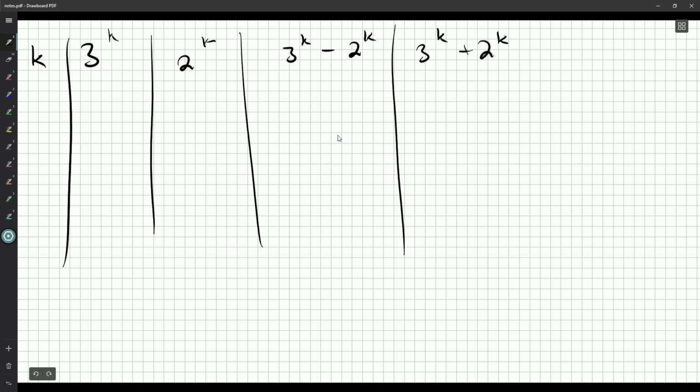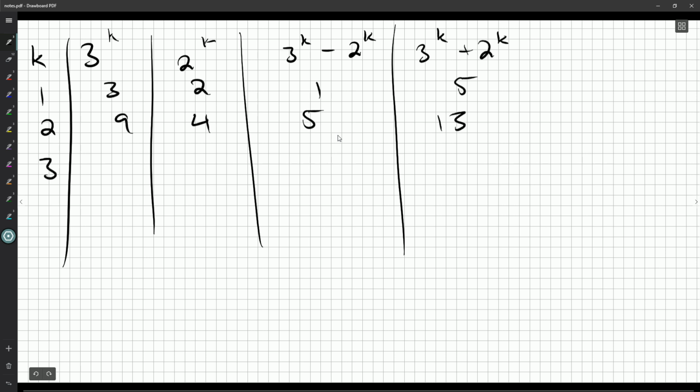That's possible. With 1, I'll get 3, 2, difference is 1, that was not helpful, and 5, but that's okay. So 9, 4, difference is 5, sum is 13. 27, 8, so difference is 19, sum is 35, so we're not really getting close to 97 here. 81, now 81's pretty close.